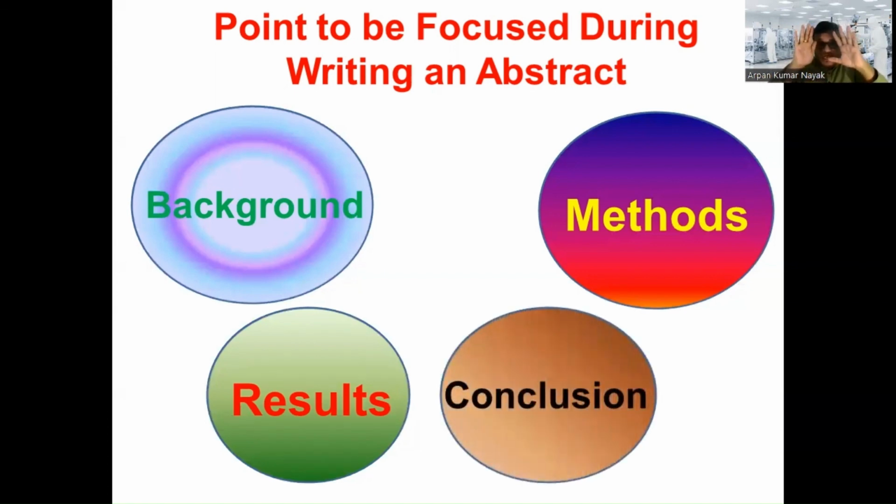So when new researchers start writing the abstract, they should focus on these 4 points. First is background, second is methods, third is results, and fourth is conclusion. Researchers can also look at published articles to see whether they follow this. I'm sure published research articles follow the same.